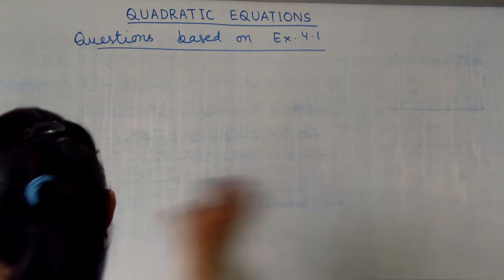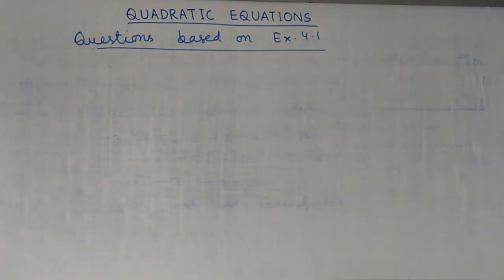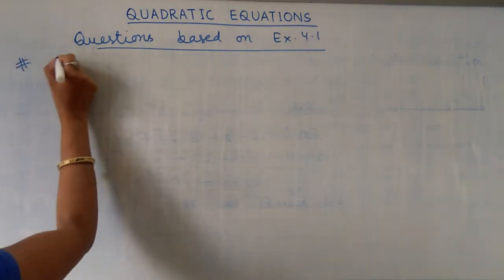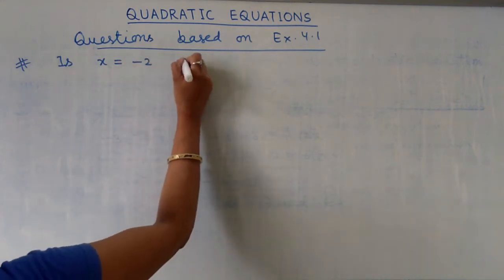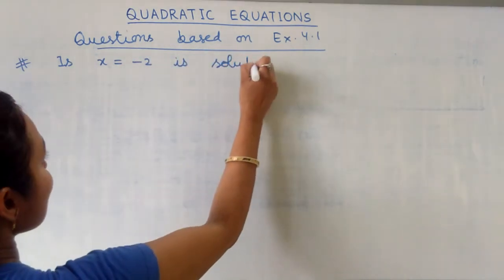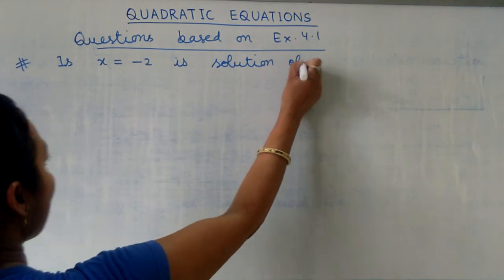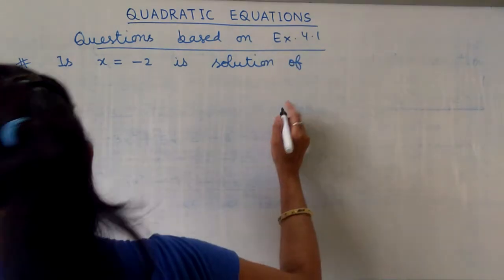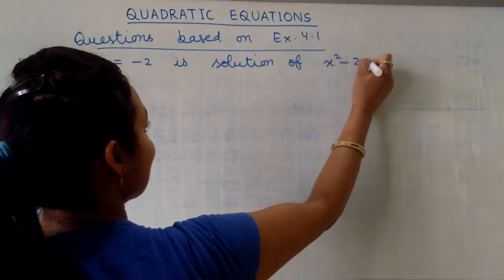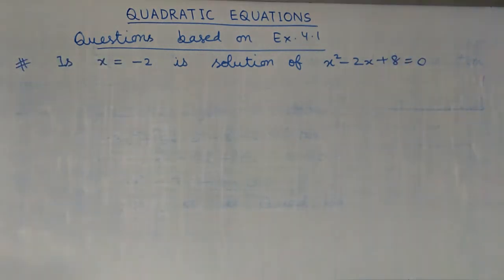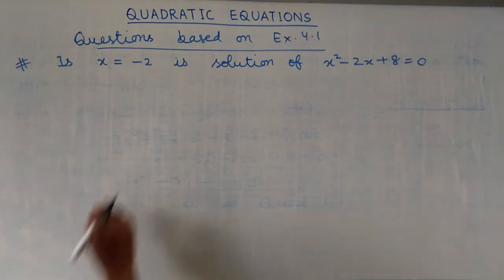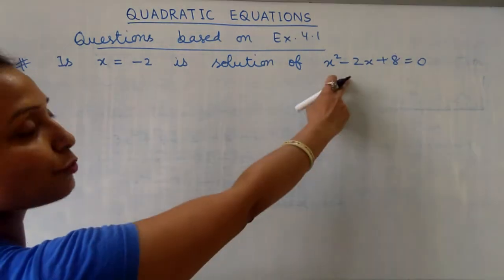The second question is: check whether x equals minus 2 is a solution of the equation x square minus 2x plus 8 is equal to 0. Check, is this a solution of this?